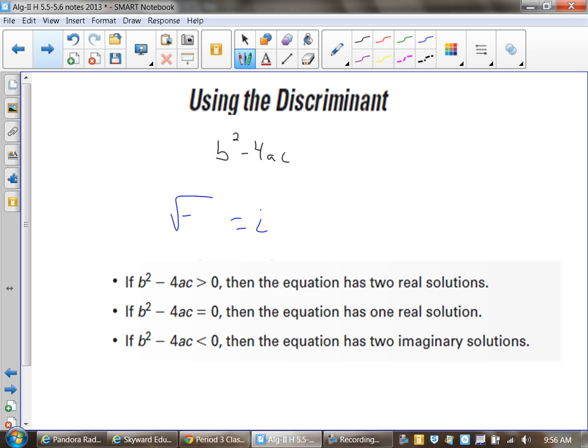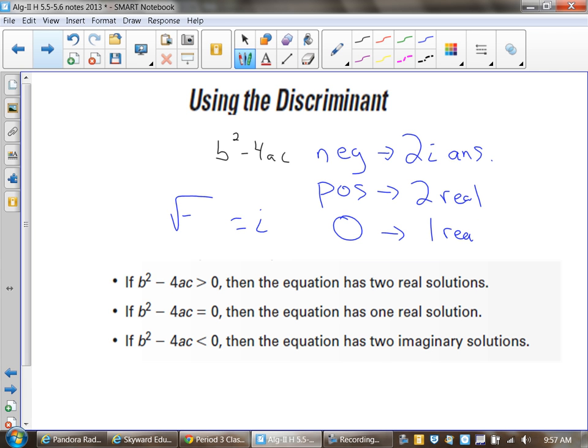So, if it's negative, you have 2 imaginary answers. If it is positive, 2 real answers. And if it is 0, 1 real answer. Remember, if it's equal to 0, that means the parabola touches the x-axis at only one spot.